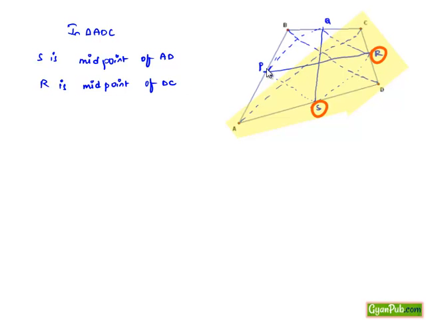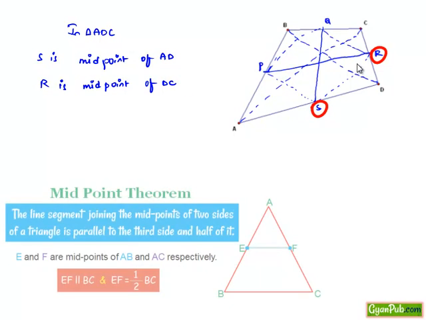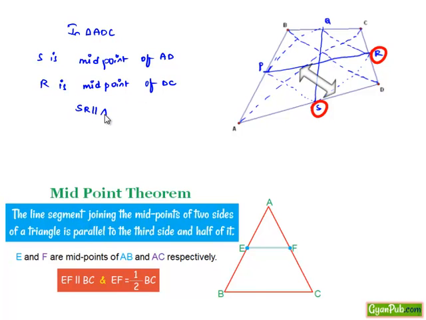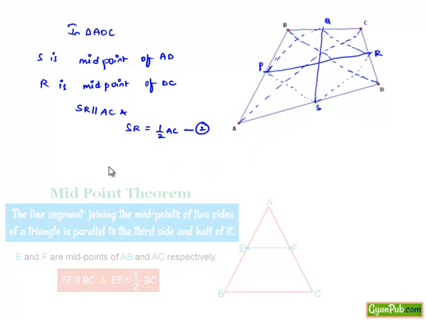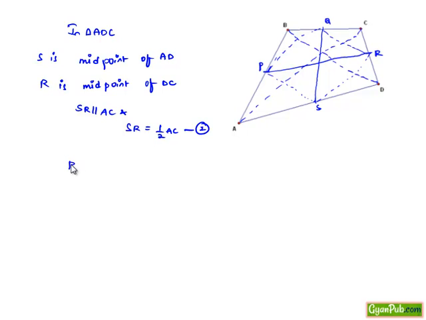Now as S is midpoint of AD and R is midpoint of DC, we can say that by midpoint theorem SR is parallel to AC and SR is equal to half times AC. Let it be as second statement. Now by first statement and second statement we can say that PQ is parallel to SR and PQ is equal to SR.